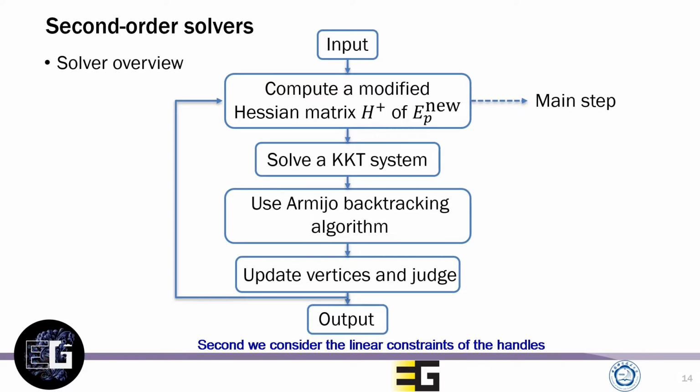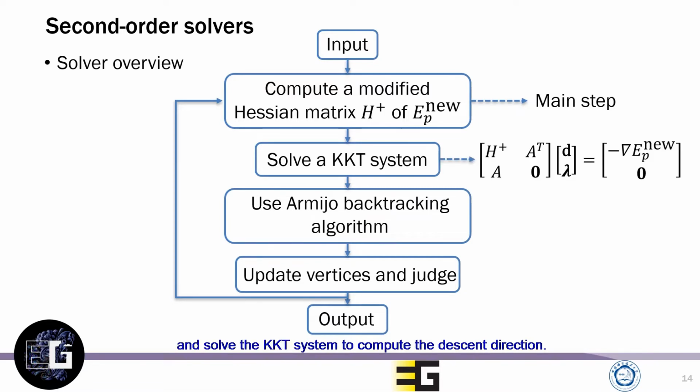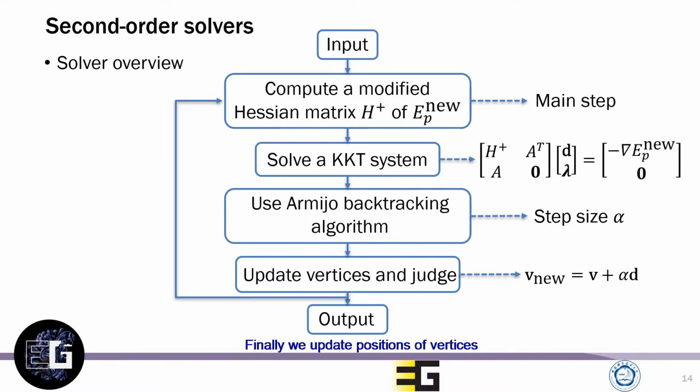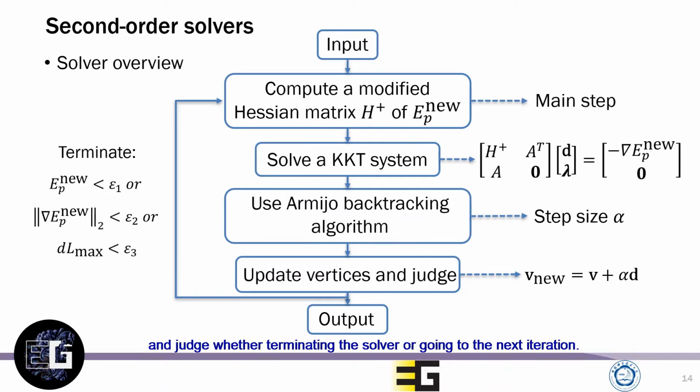Second, we consider the linear constraints of the handles and solve the KKT system to compute the descent direction. Third, we perform a backtracking algorithm to determine the step size. Finally, we update positions of vertices and judge whether to terminate the solver or go to the next iteration.